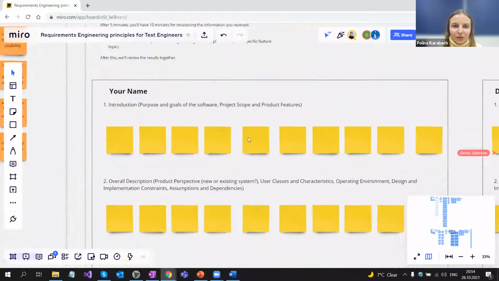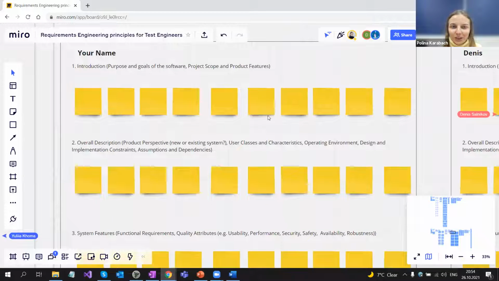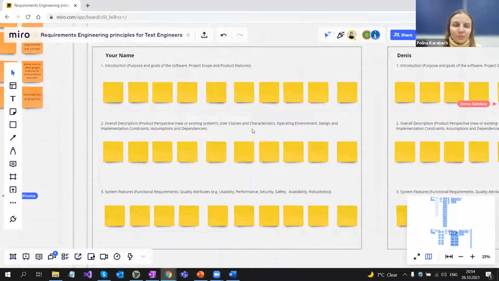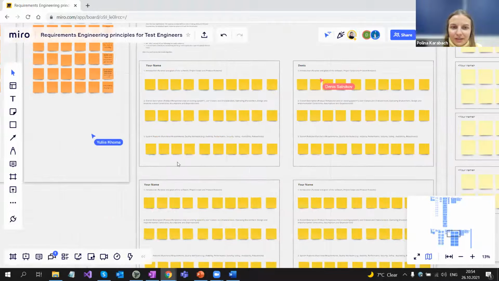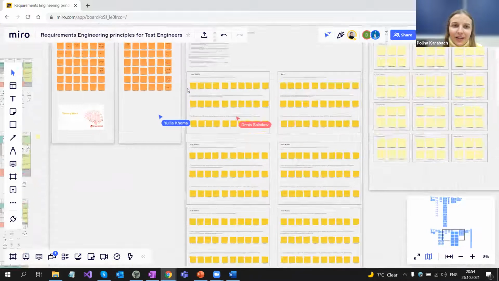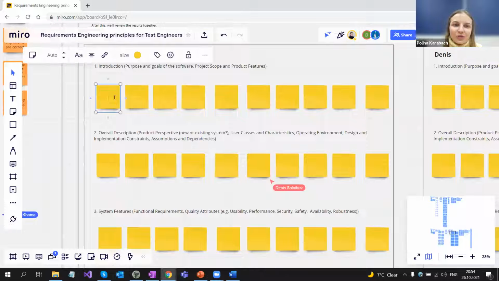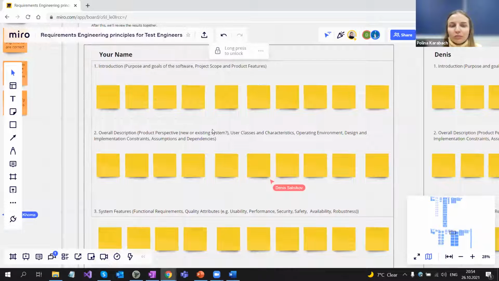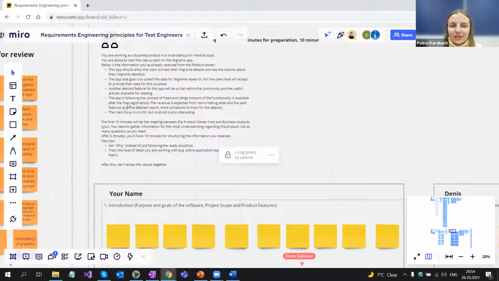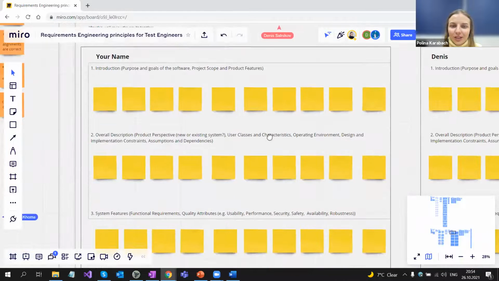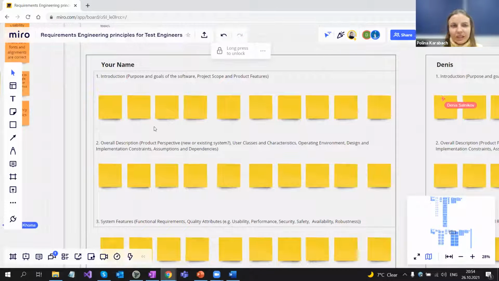After this, you have some time to fill in the cards, and we'll review your results. You can pick one of the sections here and use the stickers to write down information you already have from these inputs and from the questions you ask. We have purpose and goals of the software, project scope, and product features.